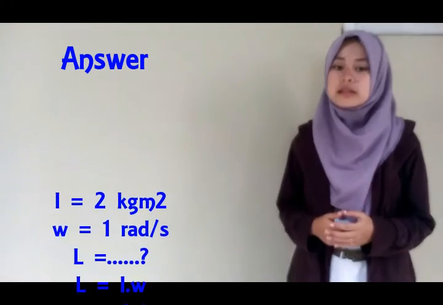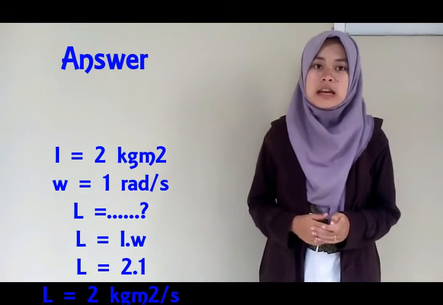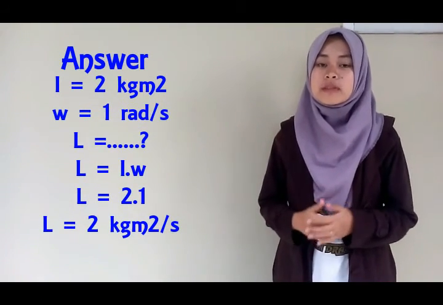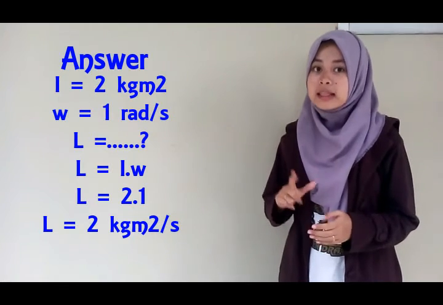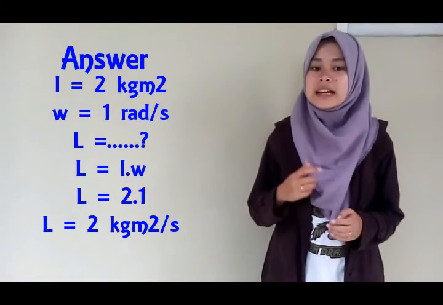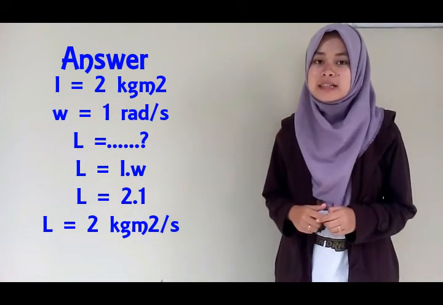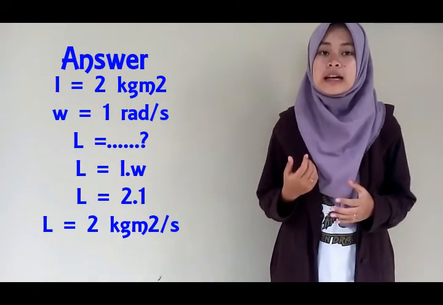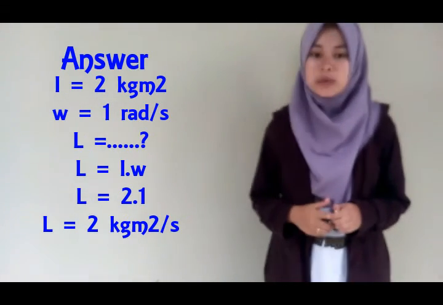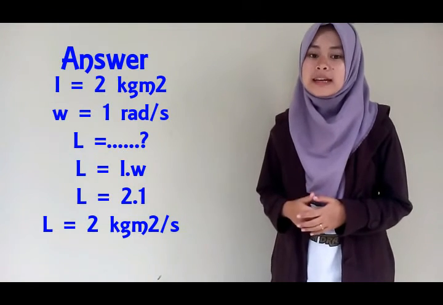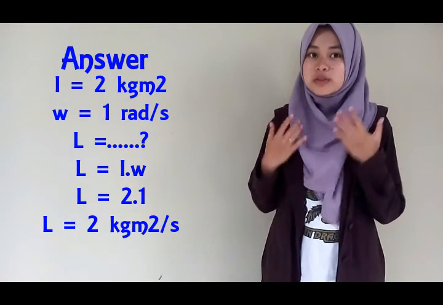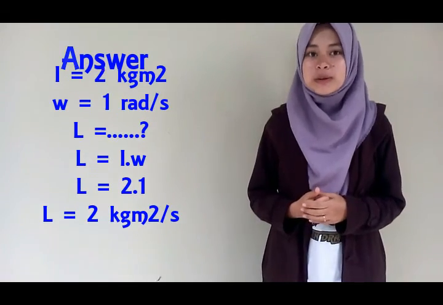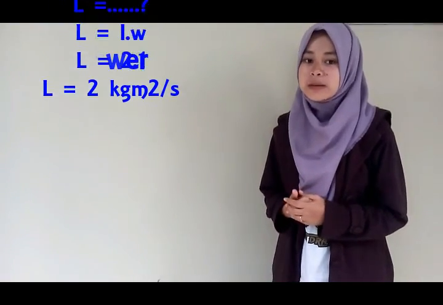Omega equals 1 radian per second. We have the formula of angular momentum: L equals I multiplied by omega. We can substitute: angular momentum equals 2 multiplied by 1, and the answer is the angular momentum is 2 kilogram meter squared per second.